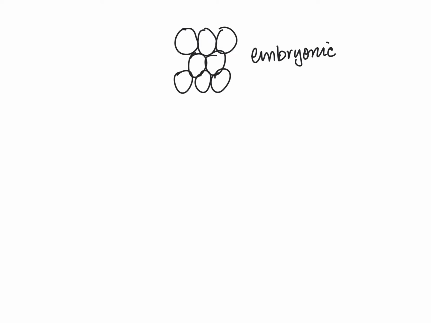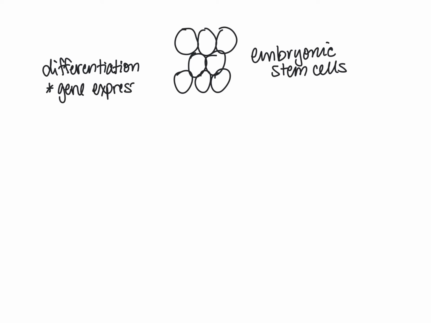Now, at some point, these embryonic stem cells are going to start differentiating. And differentiation just means that gene expression is altered.